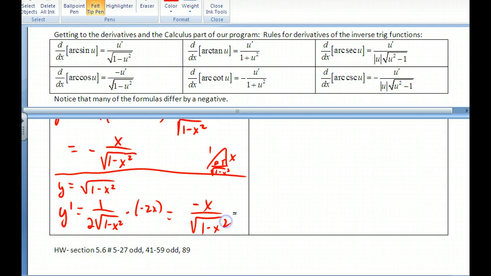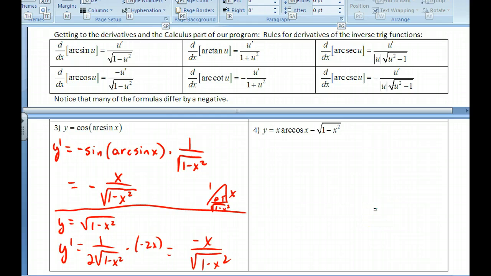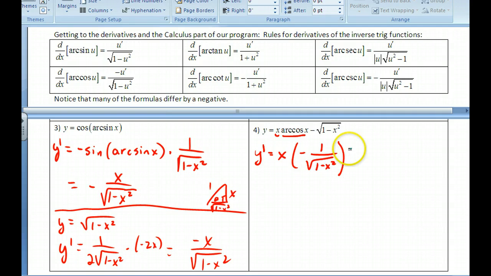Voila. My last one here is going to be, oh, I got a little product rule here. Nice. So y prime is equal to the first times the derivative of the second. The arc cosine is this one here, so it's going to be negative 1 over square root of 1 minus x squared. So that's first times the derivative of the second, and then I go plus the second, which is the arc cosine, times the derivative of the first, which is times 1.